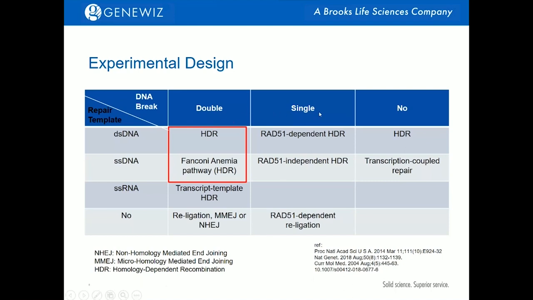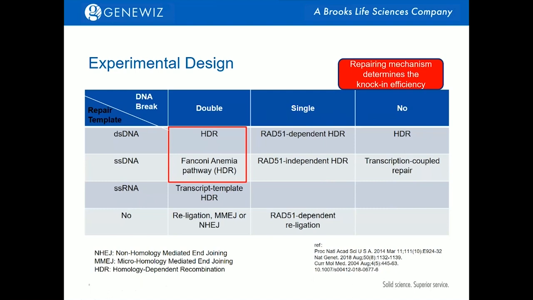And you can use either no template, single-strand RNA, single-strand DNA, or double-strand DNA as a repair template. It's worthwhile to carefully consider and explore all these possibilities, because different combinations trigger different cellular pathways for repair, and different cellular pathways for repairing determine how efficient the knock-in is.